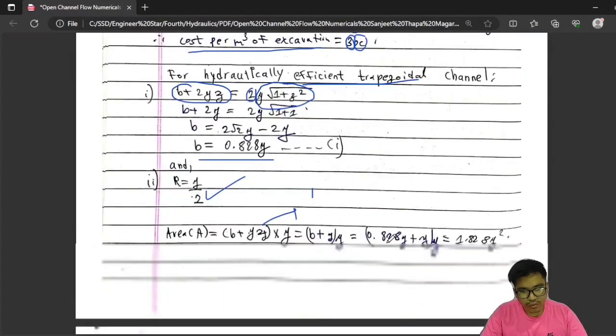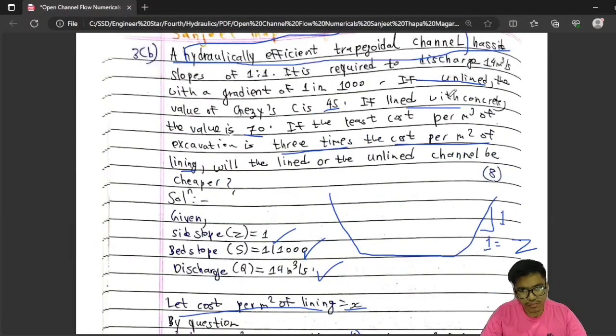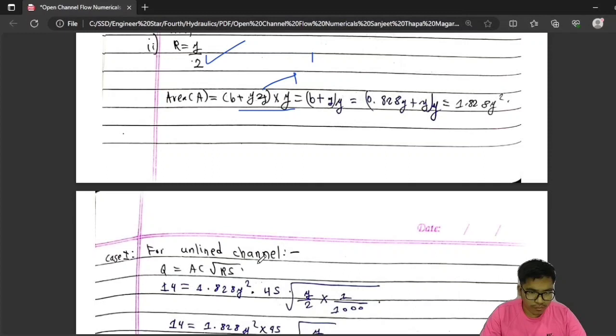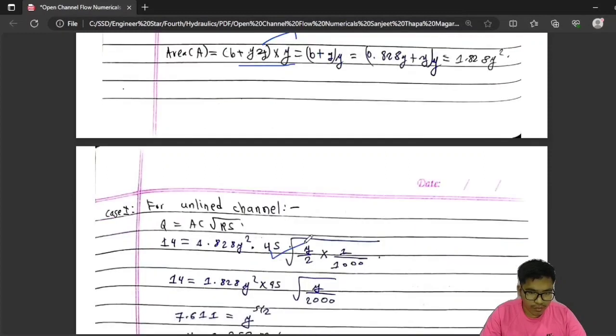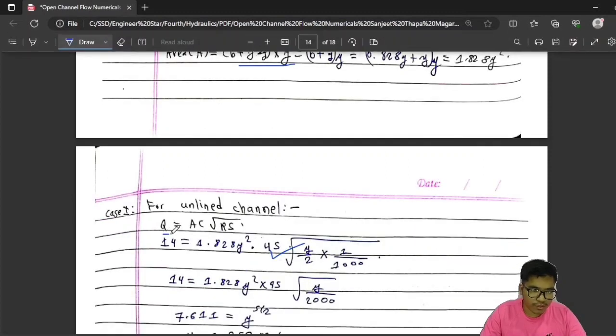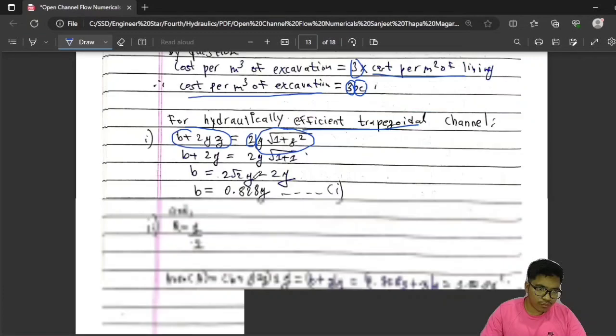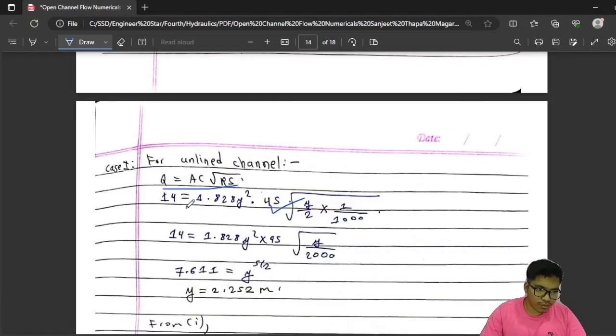So for the first case, for unlined, the value of C is 45, and this is the formula. Q is given in the question, 14, and A we have already calculated. R is y by 2, and slope is 1 divided by 1000.